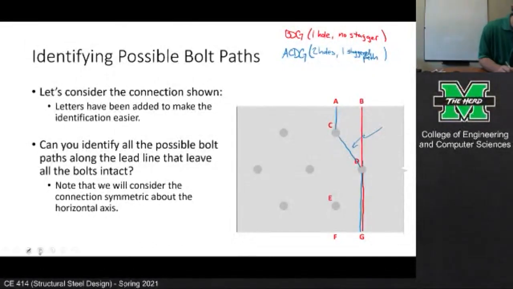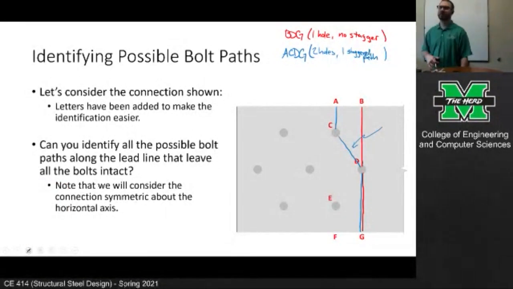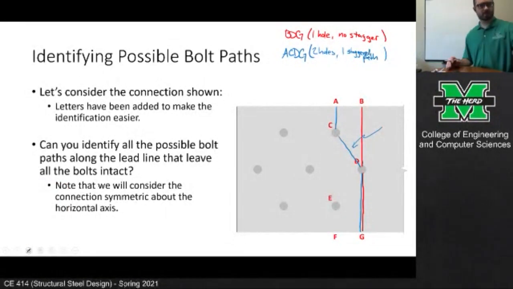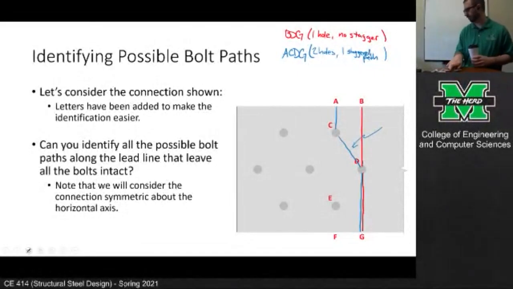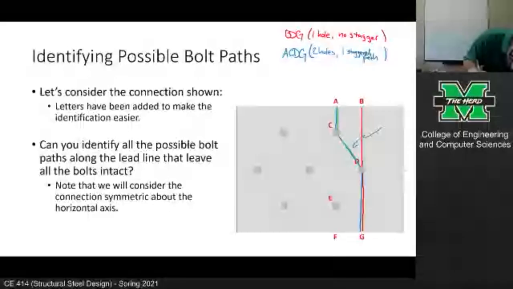Is there anything else that you see that might be a potential path we have to consider? A, C, D, E, F. This one has three holes, but it has two staggered paths.